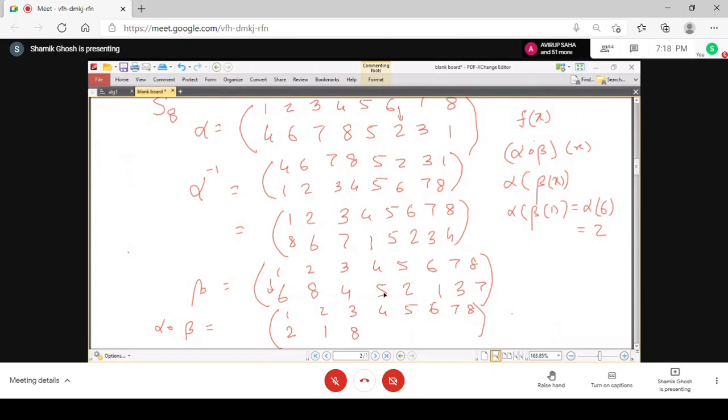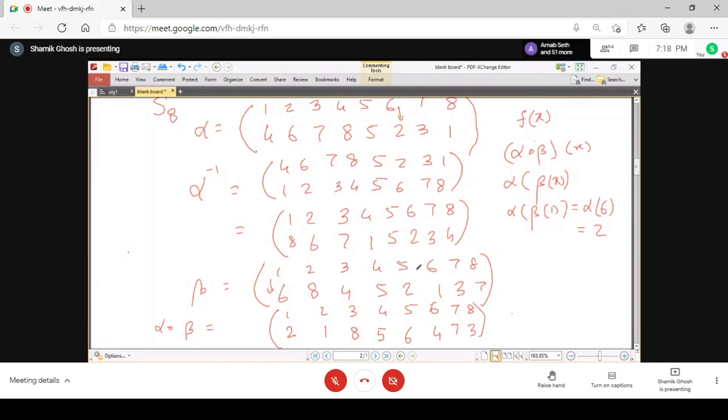Then 4 to 5, 5 to 5, so it is 5. Then 5 to 2, 2 to 6 in alpha, so it is 6. 6 to 1 and 1 to 4 in alpha, so it is 4. 7 to 3, 3 to 7 in alpha, so it is 7. And 8 to 7, 7 to 3 in alpha, so it is 3. So in this way, we can make the composition.